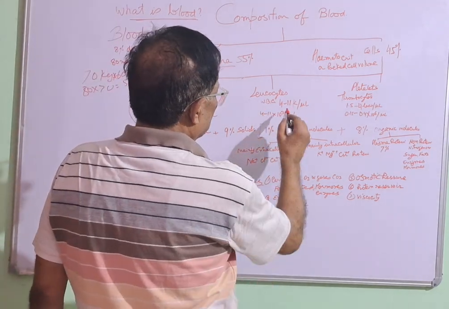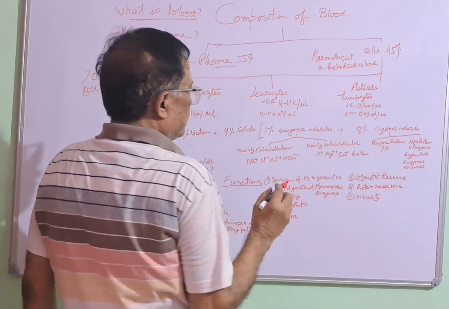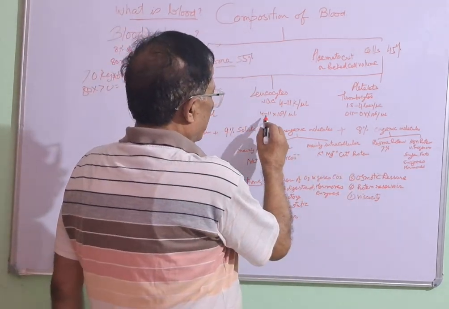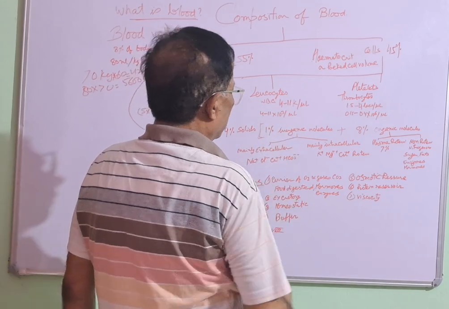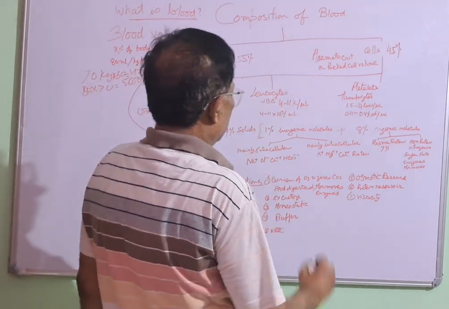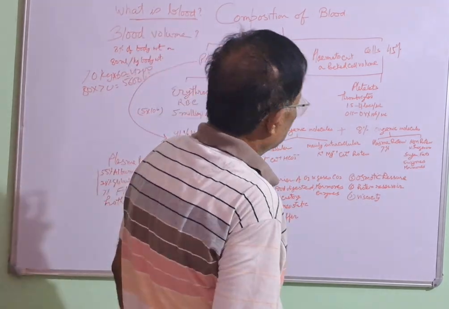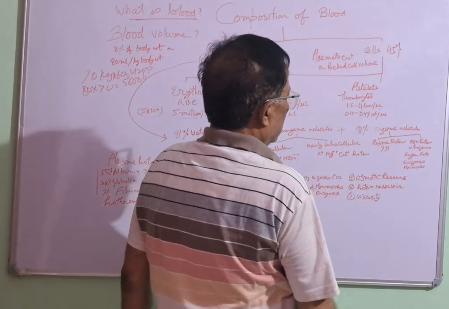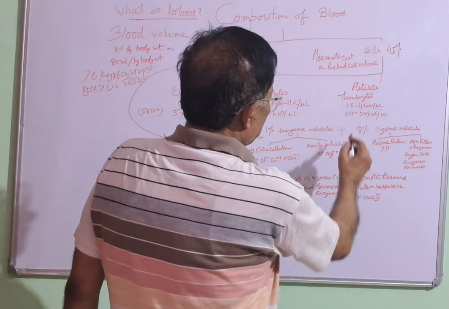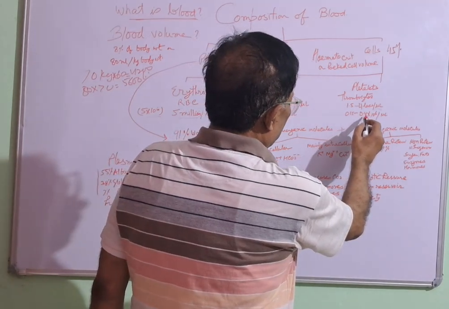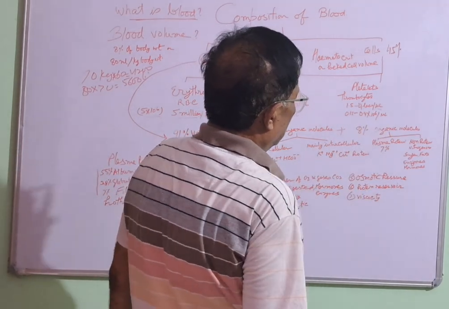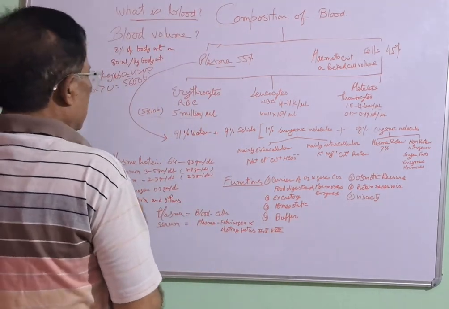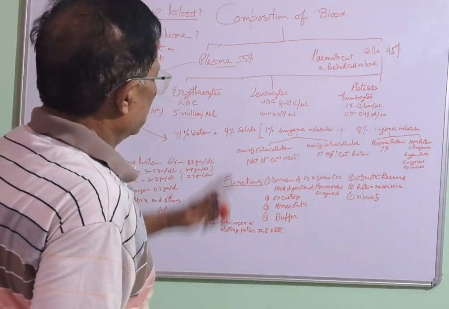Leukocyte or WBC is 4 to 11,000 per microliter, or 4 to 11 into 10 to the power 3 per microliter. And thrombocyte is 1.5 to 4 lakh per cubic millimeter, or 0.15 to 0.4 into 10 to the power 6. This is about blood cells.